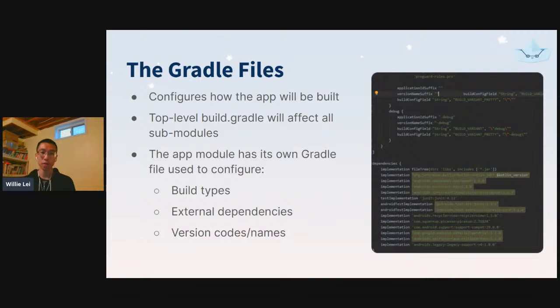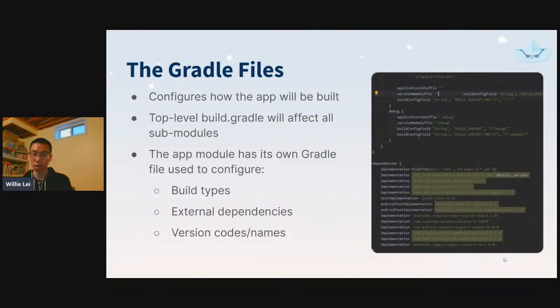The most important Gradle file is the app module Gradle file. So this is where you include all the additional dependencies, and you also set version codes and names here and also build types, such as if you're building to debug or release. So if you see here in the dependencies list, we can see all the important other modules that this app needs. So you can see that this app needs JUnit, which is a popular testing framework.